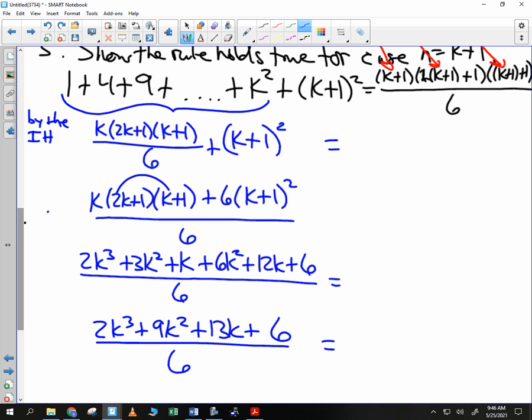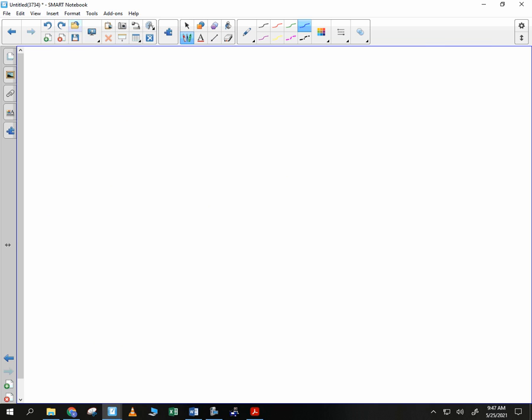Rational roots theorem. Right? And we just use our little synthetic division. Remember, if K plus 1 is a factor, then I can put a negative 1 there, right? And then what are the coefficients across the top? 2, 9, 13, and 6.